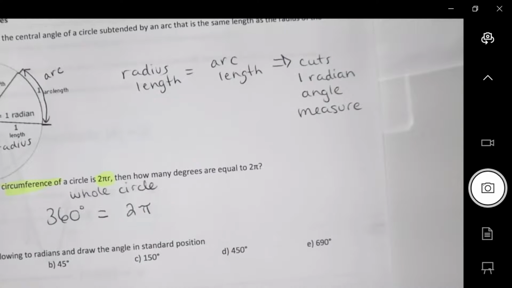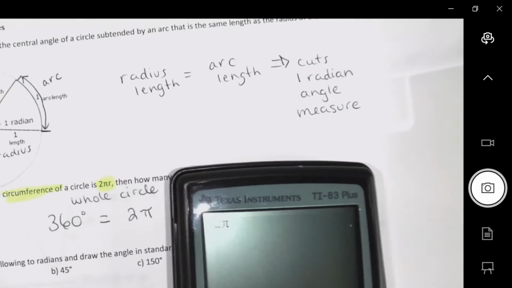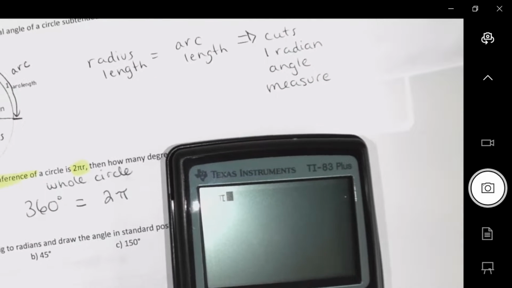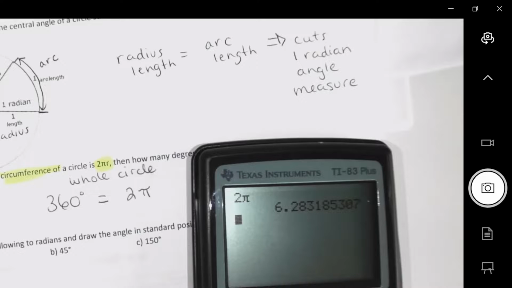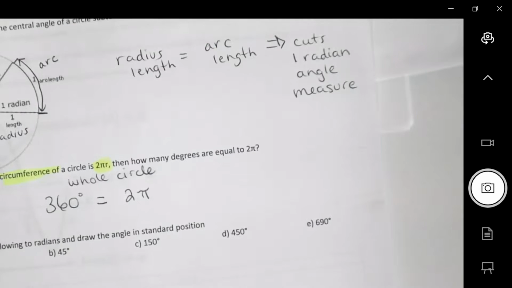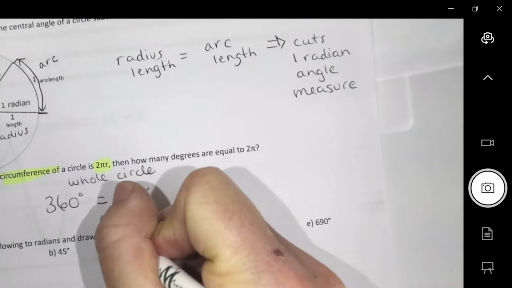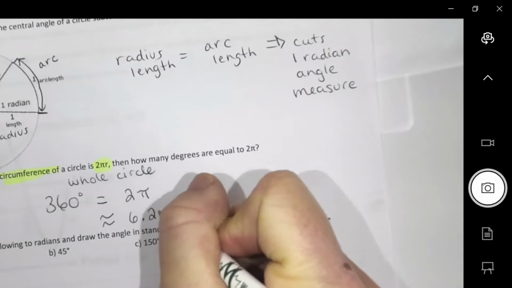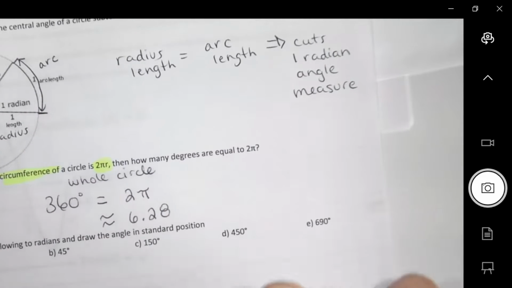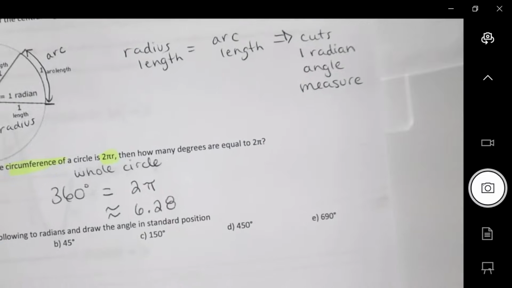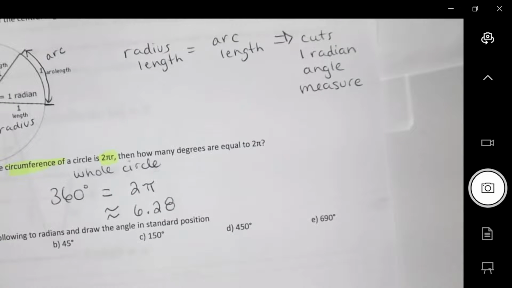Okay, as a number-ish sense, 2 pi is approximately equal to 6.28-ish. Okay, so that's crazy to think about. There's 360 degrees, which is a lot in a circle, but there's only 6.28 radians. So look at how completely different those measurements are.